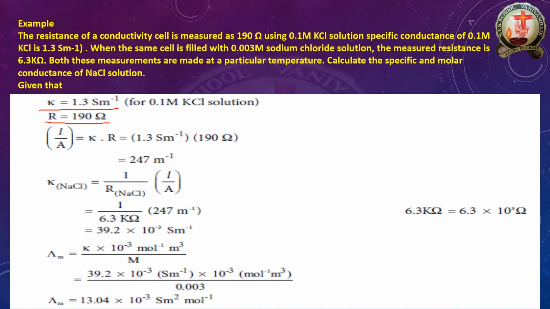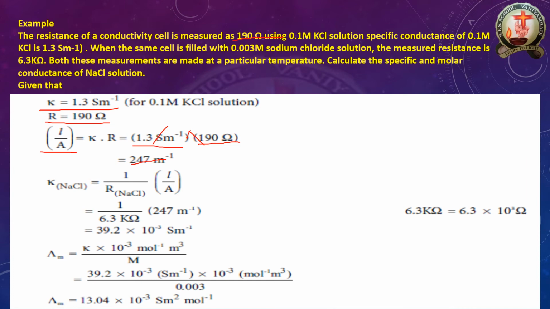We are going to find out the cell constant. Cell constant is specific conductance into resistance. So the specific conductance value is 1.3 Siemens per meter, and what is the resistance? 190 ohms, the cell resistance is 190 ohms. We get a simple multiplication. The Siemens and ohm are inverse of each other, so they will be cancelled. Then 1.3 into 190, we get 247 per meter.